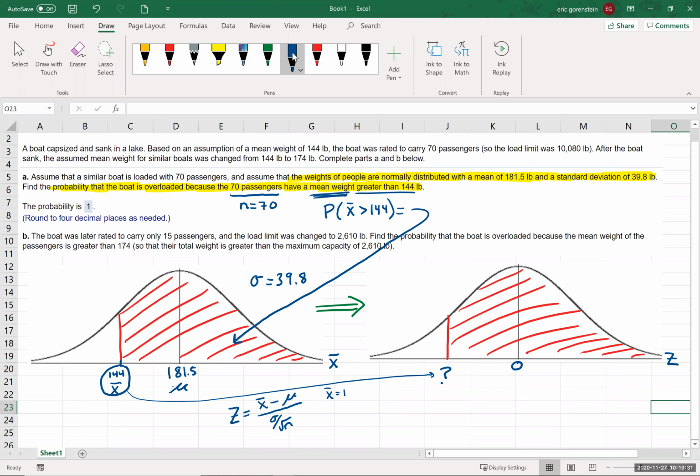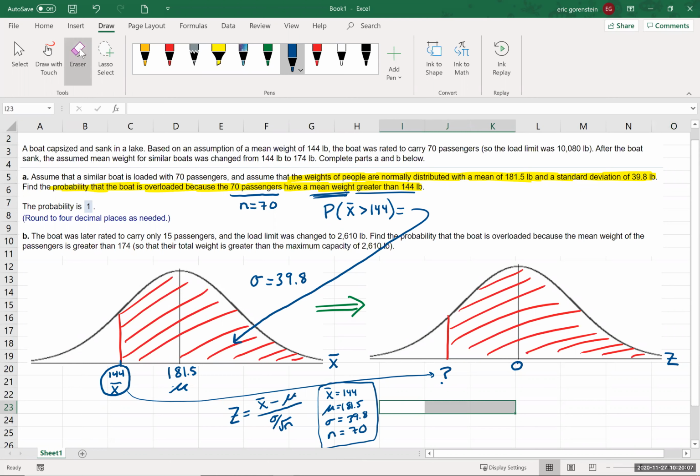X bar is 144, mu is 181.5, sigma is 39.8, and n, the sample size, is 70. So all this given information needs to be plugged into that z-score formula. All right, so that's the first thing. Before we could answer the question, we need that z-score.